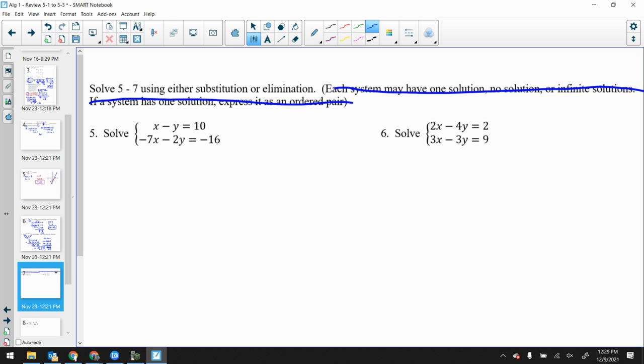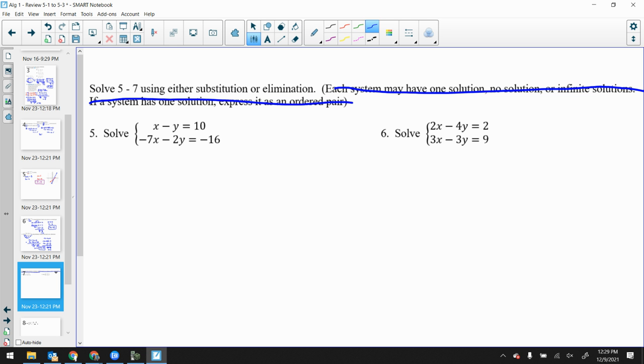Now, number 5. We got x minus y is equal to 10, and negative 7x minus 2y is equal to negative 16. Now, let me ask you, what should I choose? Substitution or elimination? Everything's lined up.